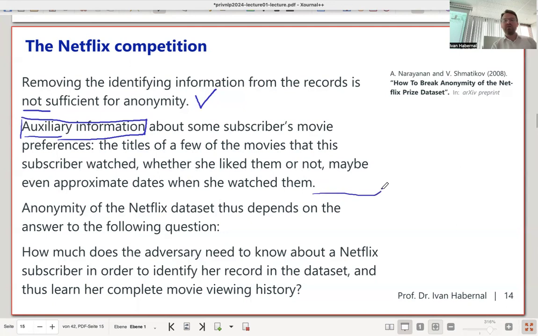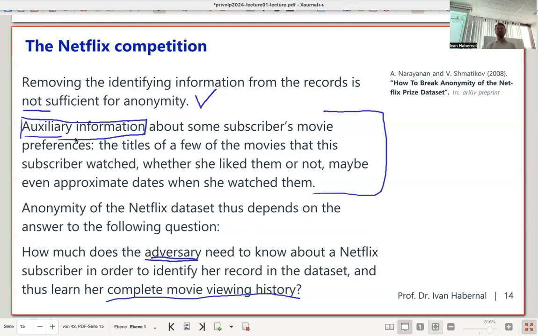This would be our auxiliary information, which we will use to try to find something about the person in the Netflix database. And the question is, how much auxiliary information does a bad guy, the adversary, need to know about a Netflix subscriber in order to identify her record in the data set and thus learn the complete movie viewing history?